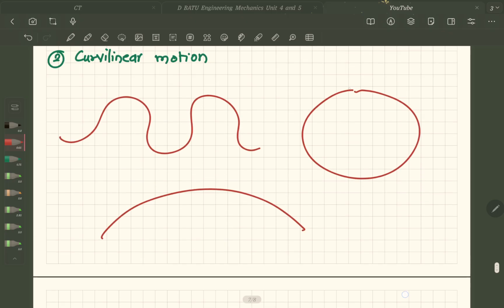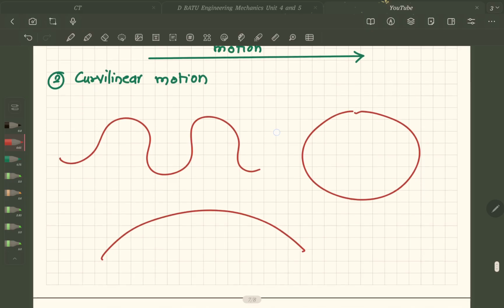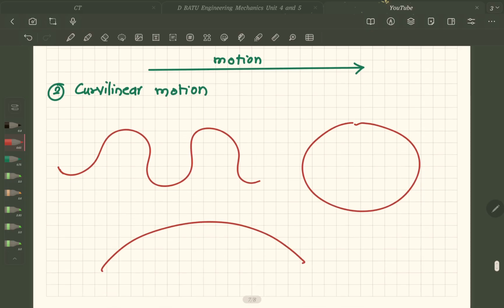So in any of these conditions, the object is not going in a straight line, or in other words, when I say the motion is changing with respect to the x and y axes at every particular point of time, that is called curvilinear motion. So when I say curvilinear motion, the object or the particle is moving in a curved path.